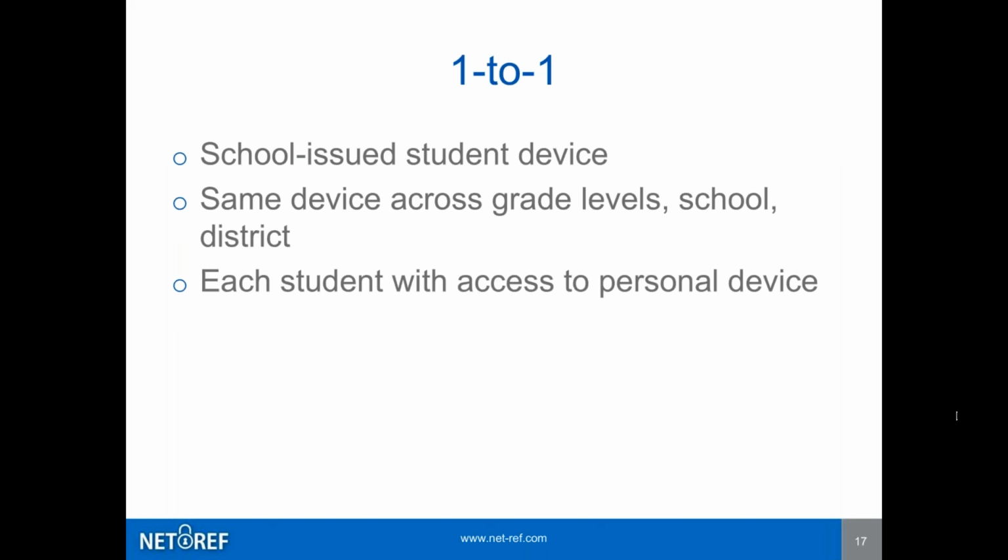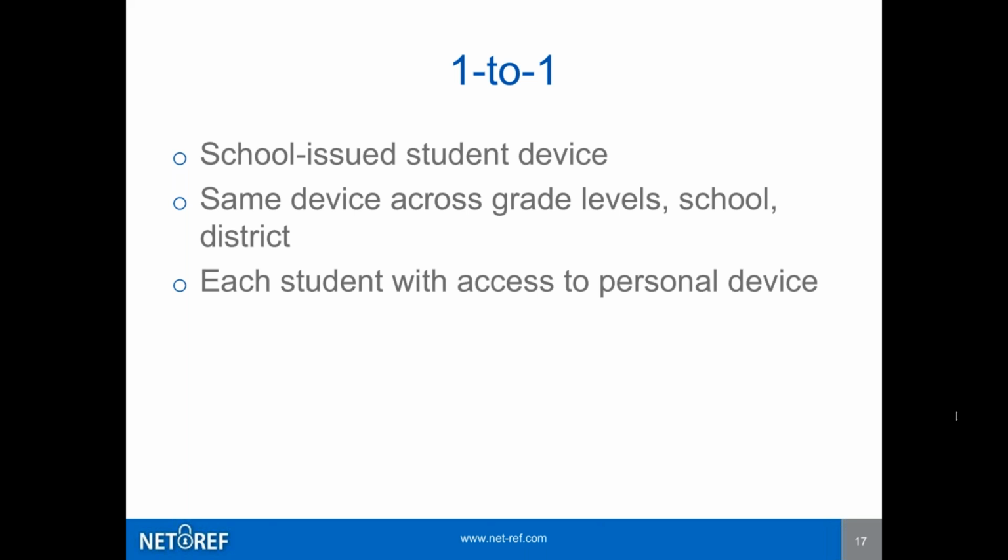And so in a one-to-one classroom, students typically have a school-issued device. This means that someone somewhere, whether it's a business admin or a team made up of families, community members, teachers, students, and admin, has come together to make a decision.